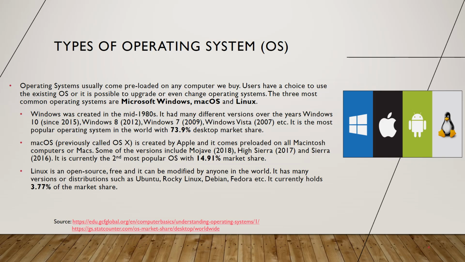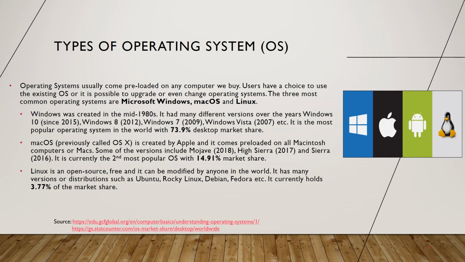The next one is, of course, another popular operating system, which is Mac OS. Previously it was famous as OS X. It was created by Apple, and it comes preloaded on all Macintosh computers, or Macs.